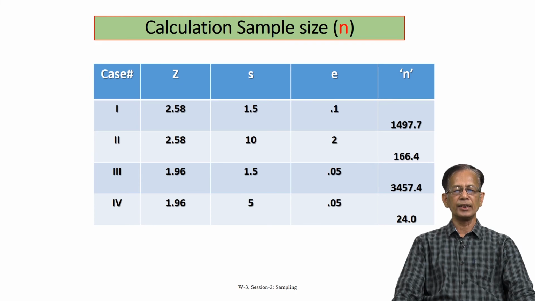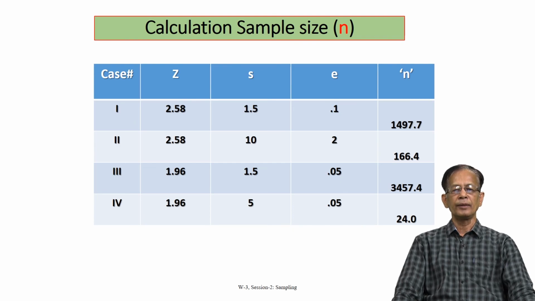You can take 1.96 or most likely 2.58, sometimes we will be taking 1.645 also, we will be discussing later. Now, if Z is 2.58 and the variation is 1.5 and we are going for 1% tolerance, it could be almost 1500 sample size, or to be exact 1497.